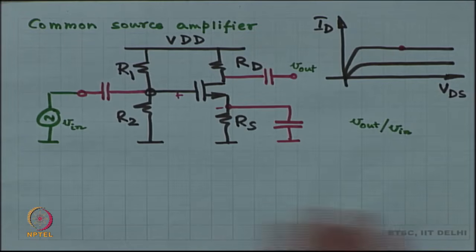Okay. This is what is the most interesting. I apply a 1 millivolt signal, will I see a 100 millivolt signal at the output or not? The voltage gain is what is important in the amplifier. Okay. And how do we compute voltage gain? So, how do we analyze this circuit?